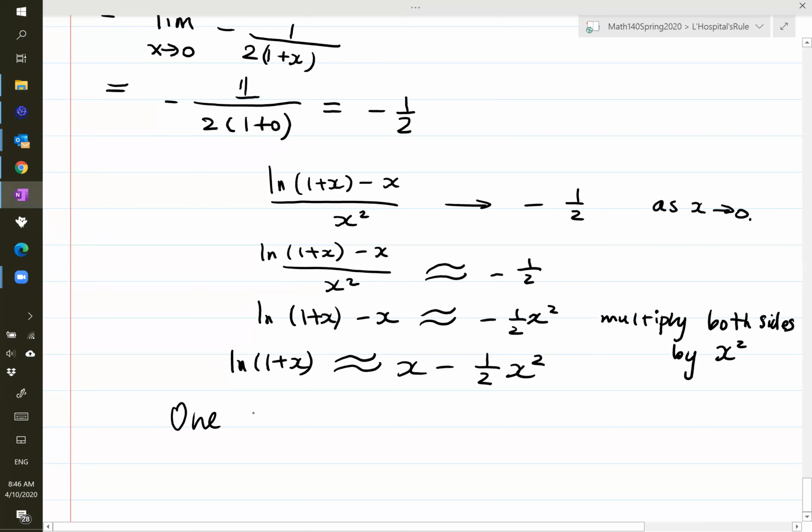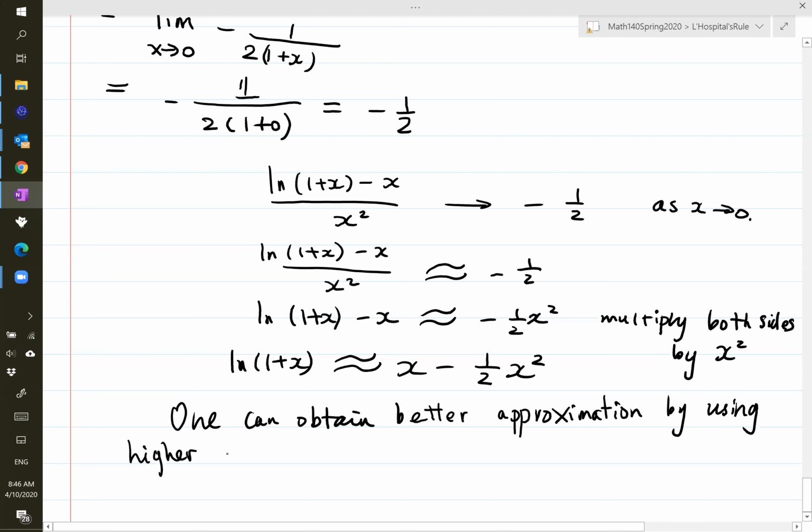One can obtain a better approximation by using higher order terms. Okay, so we get an approximation by algebraic functions, by polynomials.